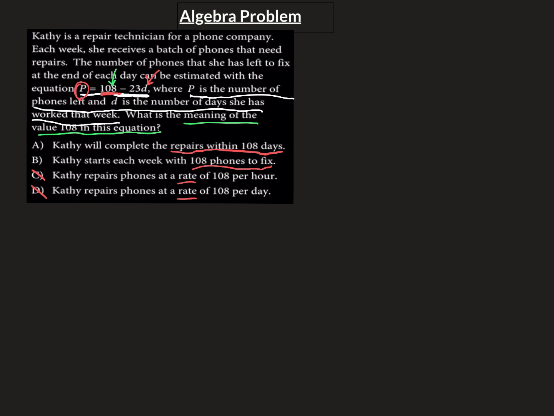Because she fixes 23 in a day, and depending on the number of days, she reduces by intervals of 23. Now, if we were to keep on subtracting from that 108, eventually the outcome will be the number of phones left. So we know that 108 is how much she starts with. So the answer choice is B.